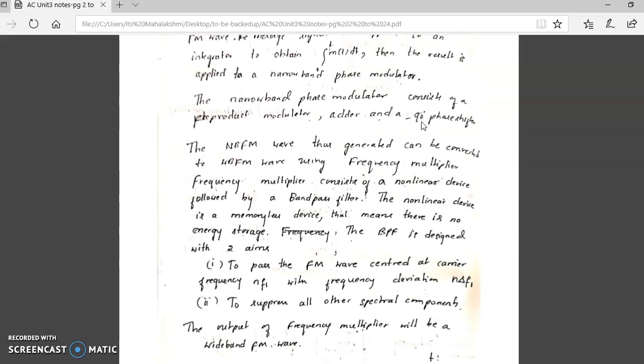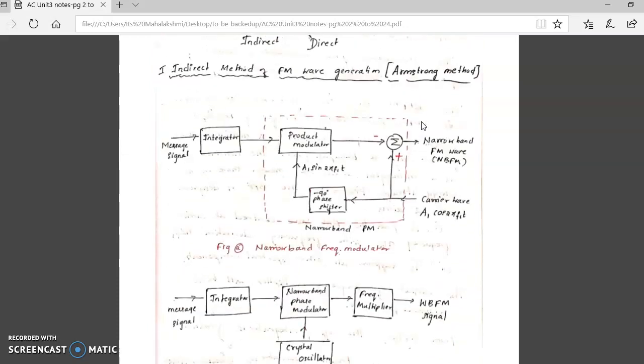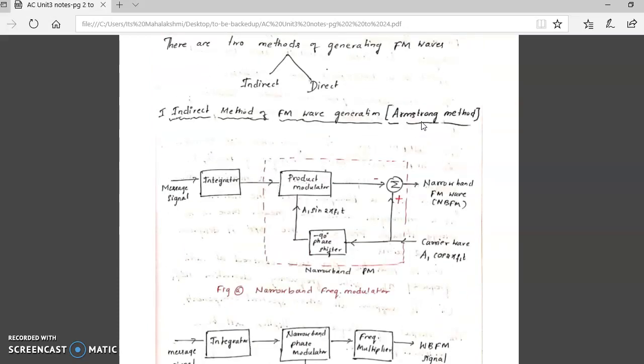So if this question is asked, that is explain indirect method of FM wave generation. We also call it as Armstrong method. Please note it down. It is also called as Armstrong method of FM wave generation. So this question can be asked for maximum 7 marks, 7 to 8 marks.